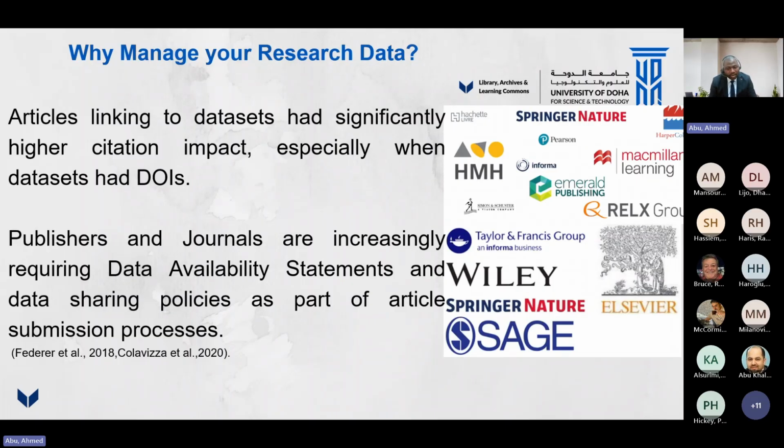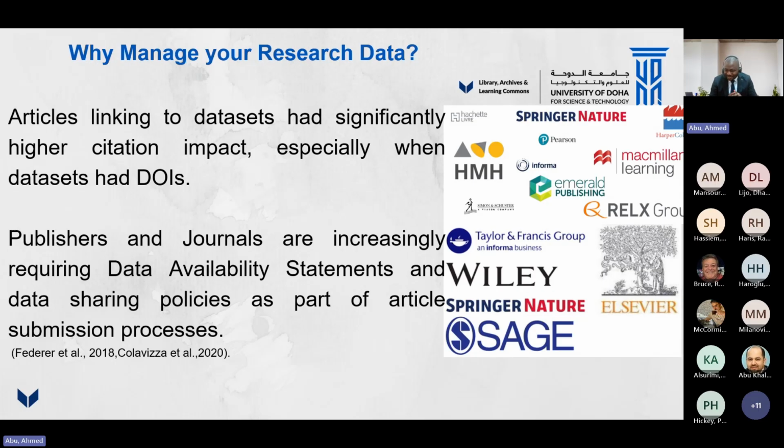Also, there was research that made a comparison between articles that are linked to data sets and those that are not linked to data sets. The findings say that articles that are linked to data sets have significantly higher citation impact, especially those that have a DOI attached to their data set.